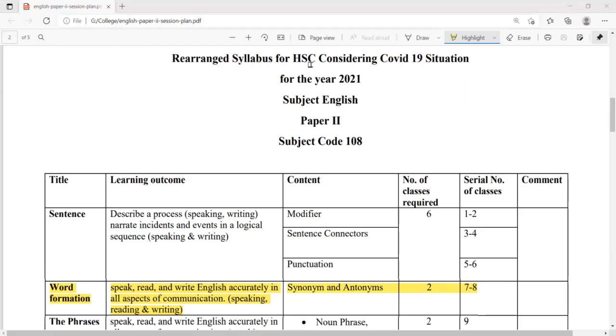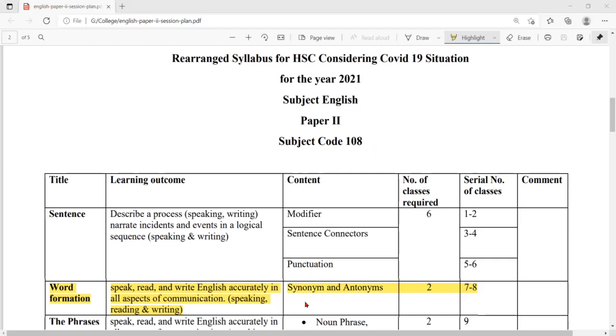And today this class is on English second paper, you can see, and the subject code is 108. Actually, I'm going to take class on the topic of synonyms and antonyms.